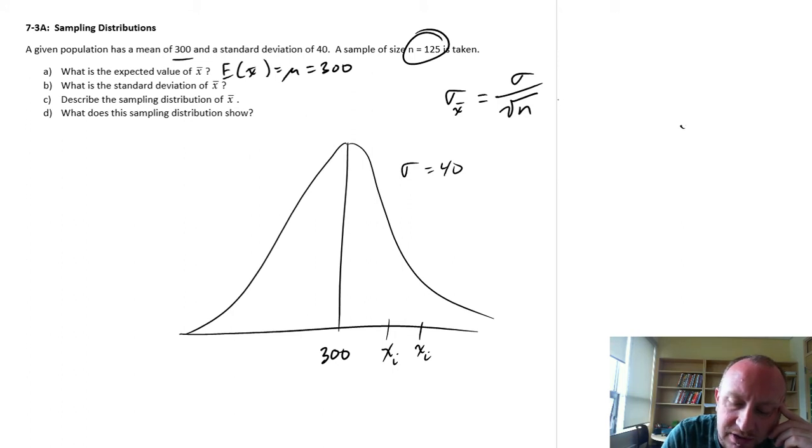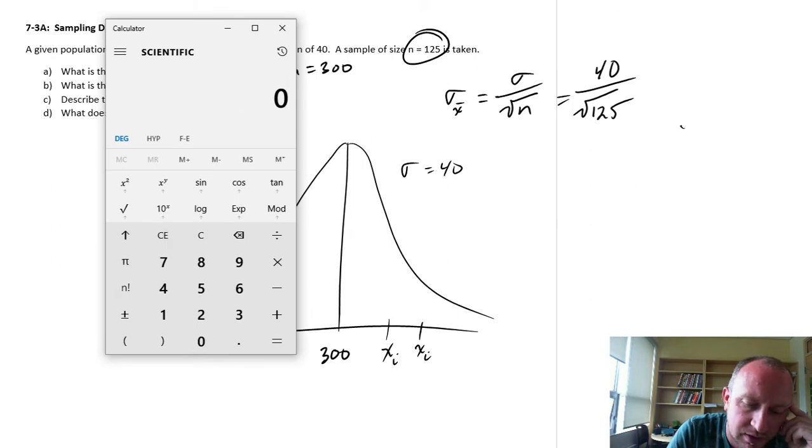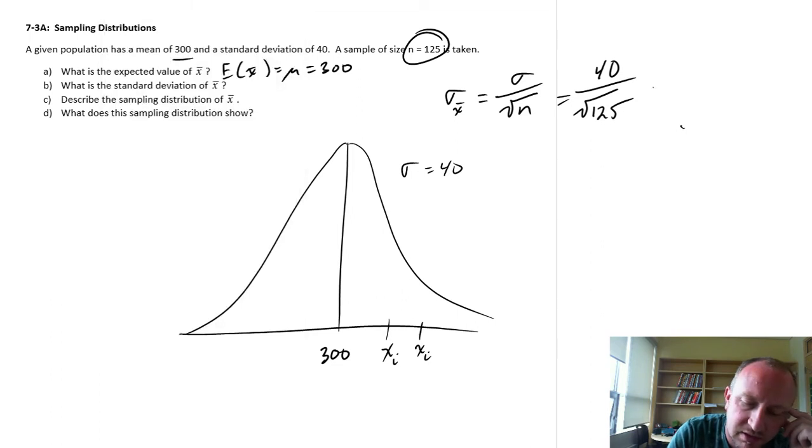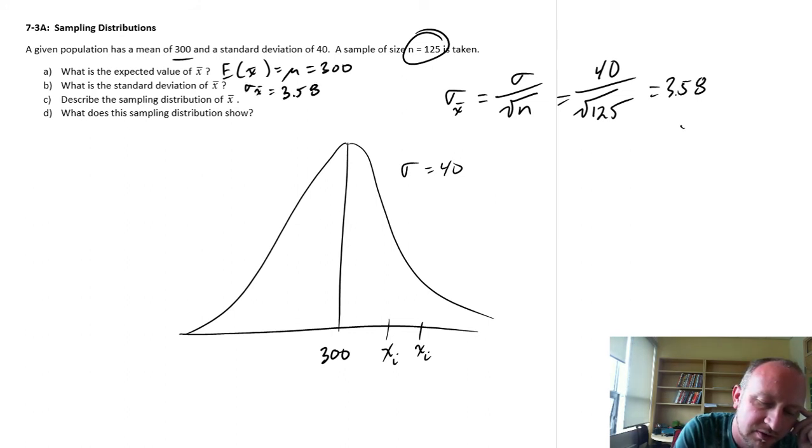So if we just plug in our numbers here, standard deviation of 40 divided by the square root of 125, 40 divided by square root of 125 equals 3.58. So there we go. There's sigma x bar is 3.58.